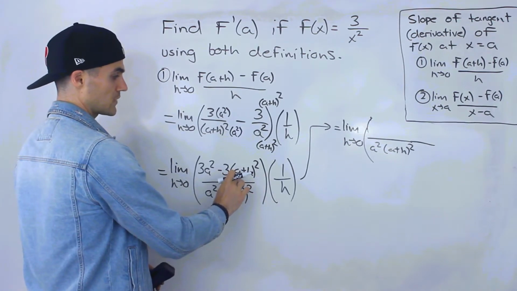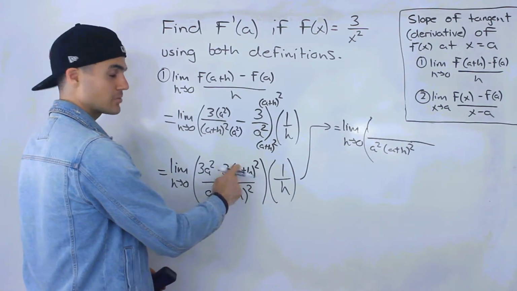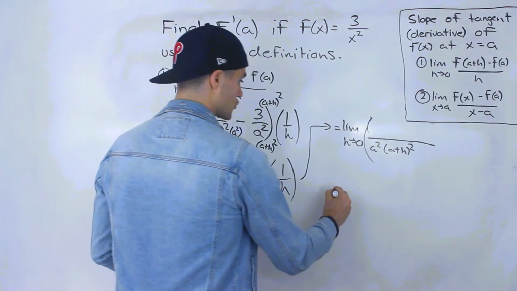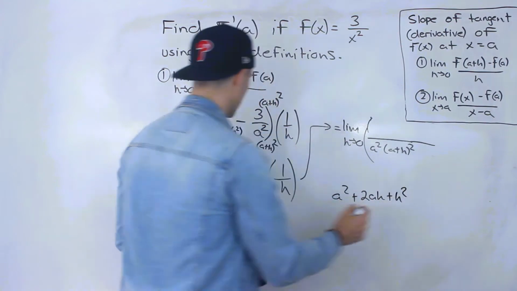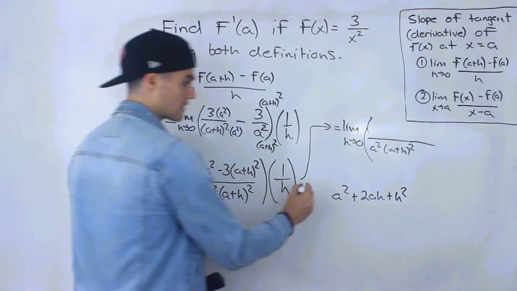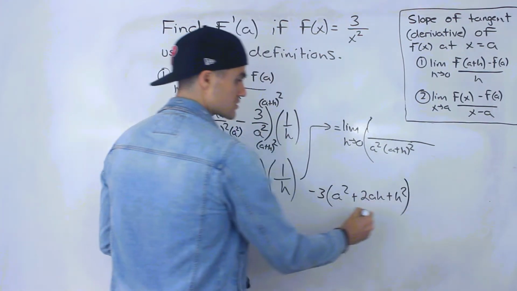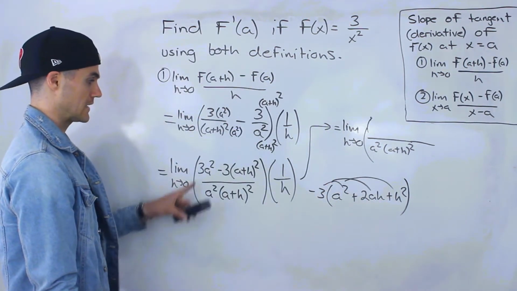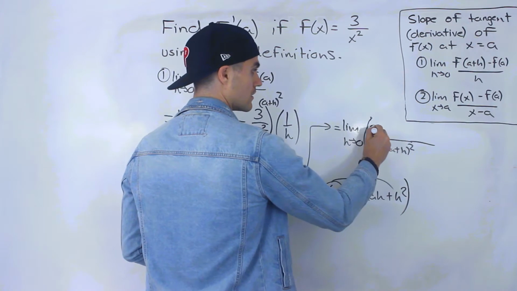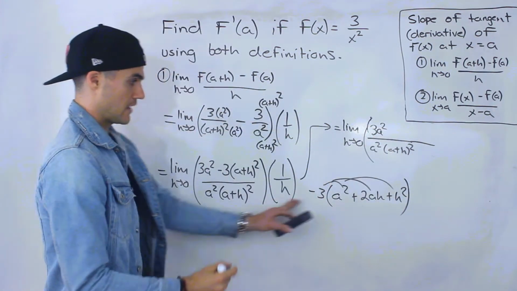So what we would have to do is FOIL out that a plus h squared, which would be a squared plus 2ah plus h squared. And then there would still be that negative 3 in front. So then that negative 3 we'd have to distribute to all of that. So we'd end up with 3a squared and then all of this here.